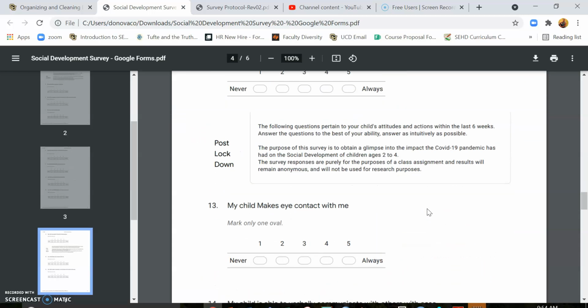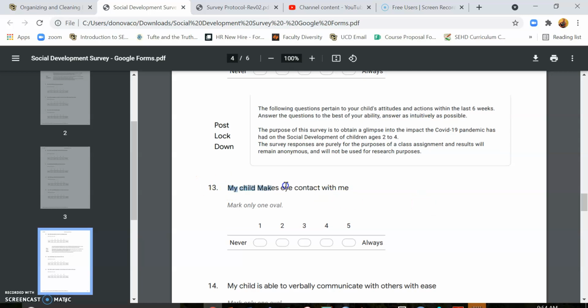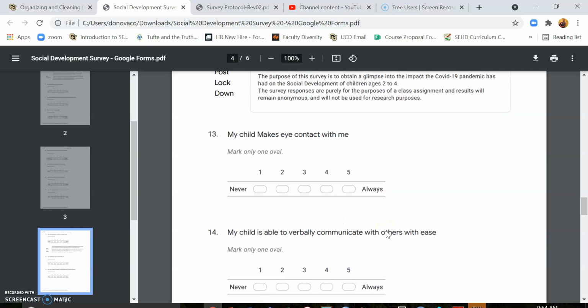Here we change. So we're going to ask the exact same questions again, but now we're referencing post-lockdown. So after kind of pandemic, what changed? Did anything change? So the exact same questions, but now we're referencing pre and post.